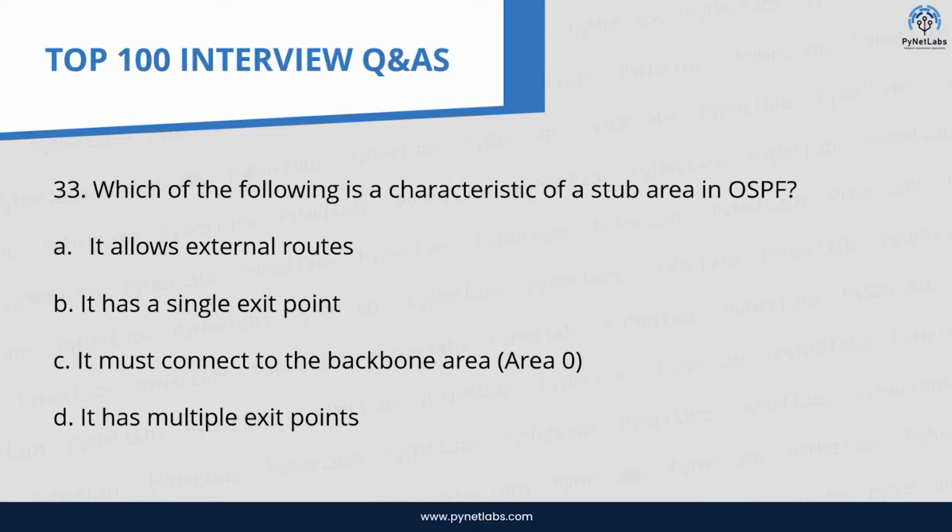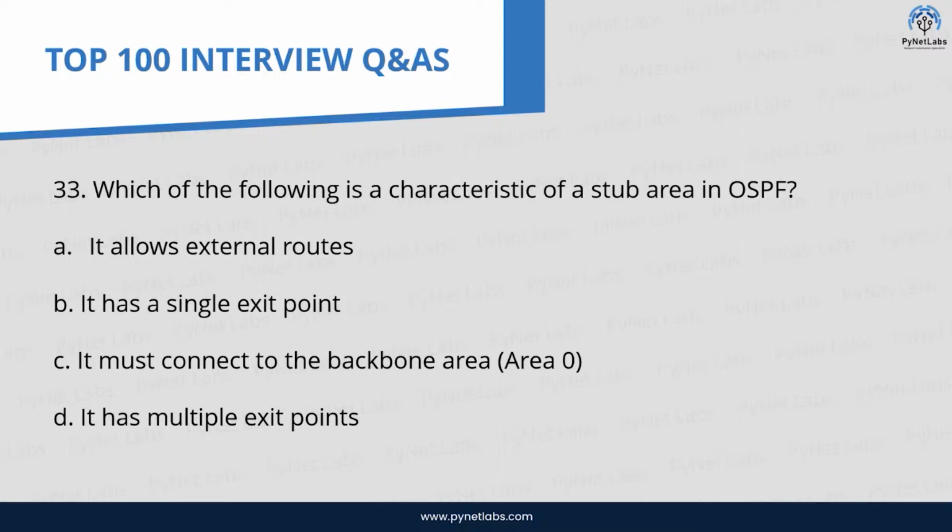In OSPF, a stub area is an area within the OSPF network that has limited connectivity to the rest of the OSPF autonomous system. It is designed to reduce the amount of routing information within that area, which can also help in improving network efficiency.